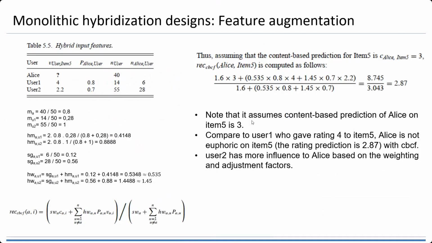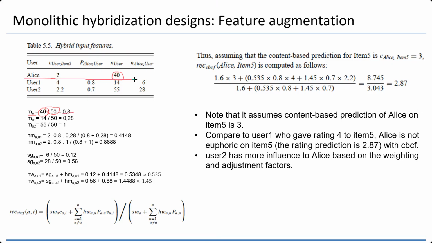So for example, we can get the MA is 40 here, divided by 50. So 50 is the maximum number that the researchers claim. Okay, and the MA is 0.28.